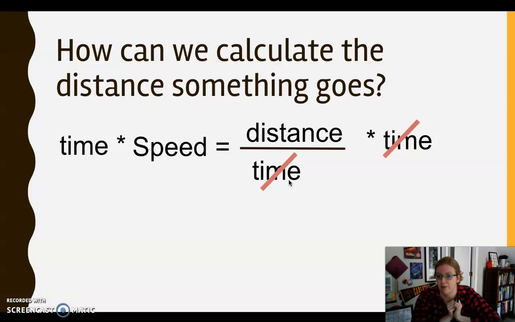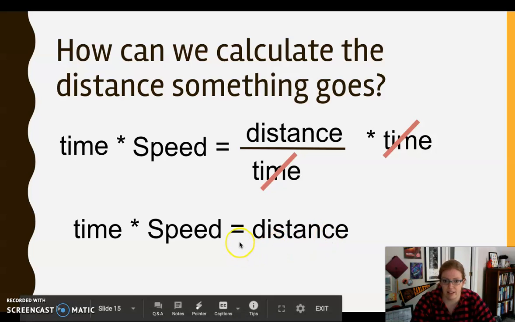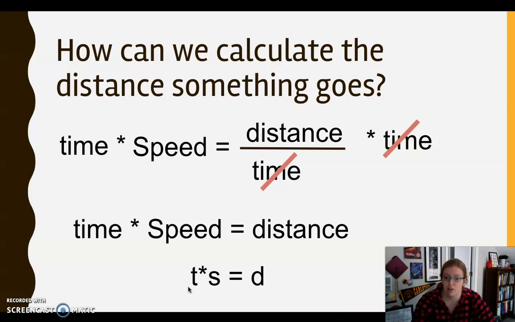They'll cancel out and go away. So time disappears. And we end up with the equation that distance equals speed times time. I can rewrite that: time times speed equals distance using just letters. Either format is good.